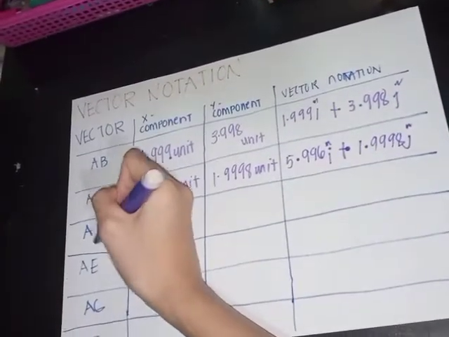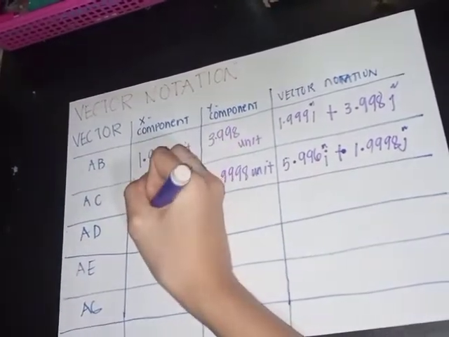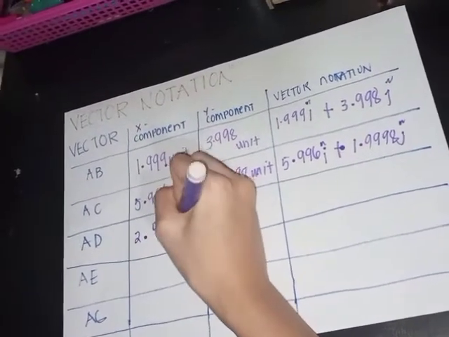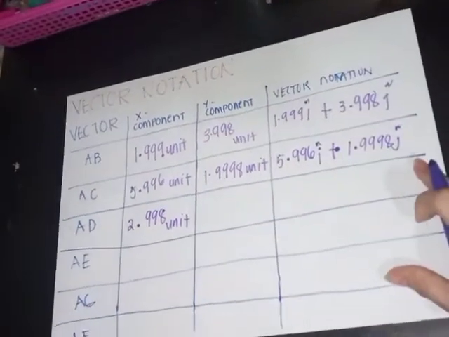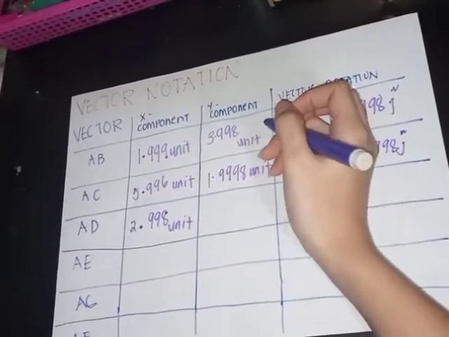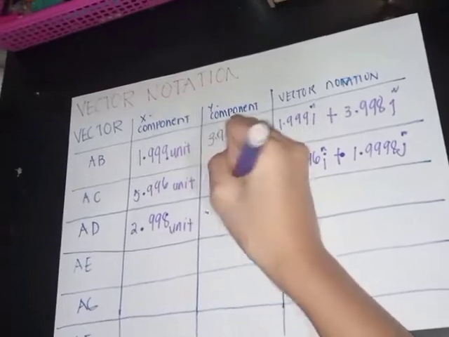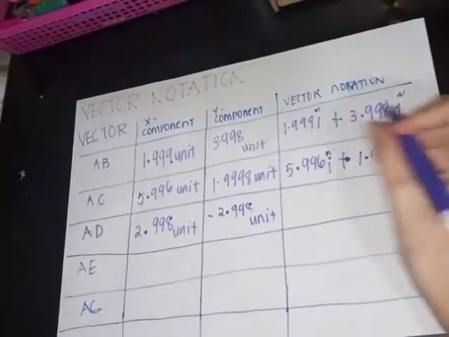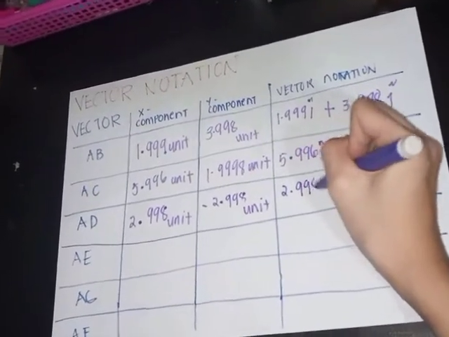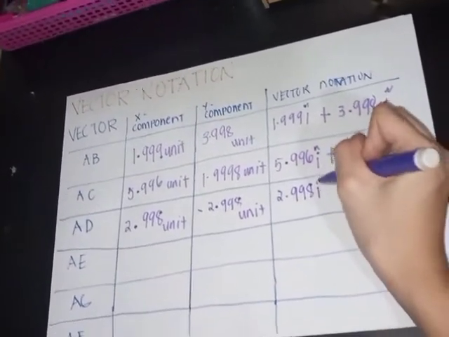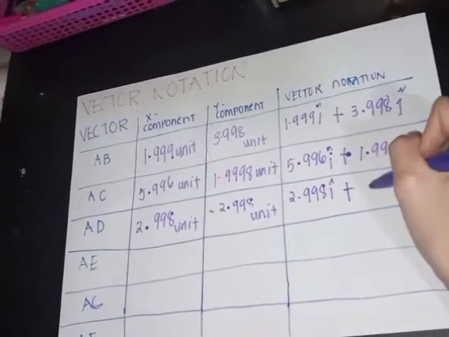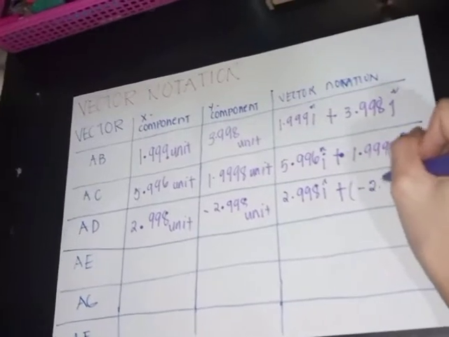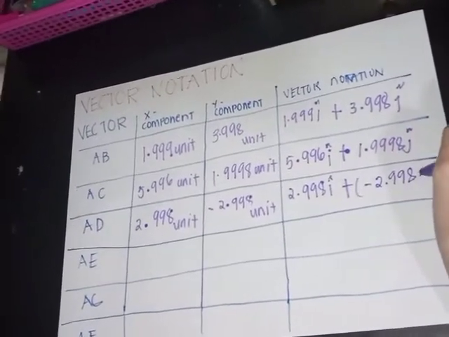So for vector AB, we have for x component 2.998 unit, and for y component we have negative 2.998 unit, and for the vector notation we have 2.998 and then vector notation i plus negative 2.998 vector notation j.